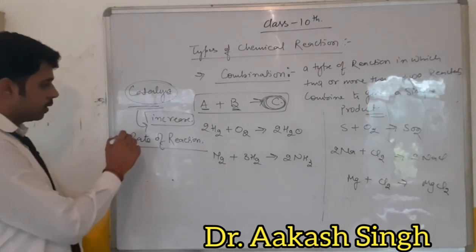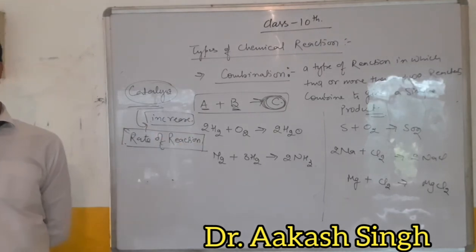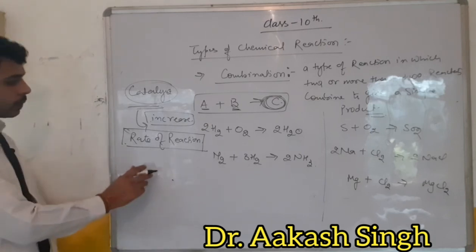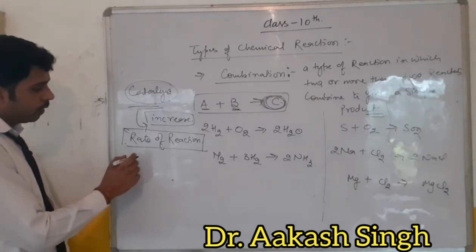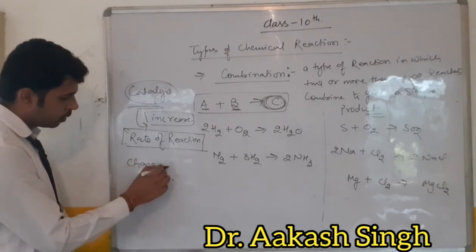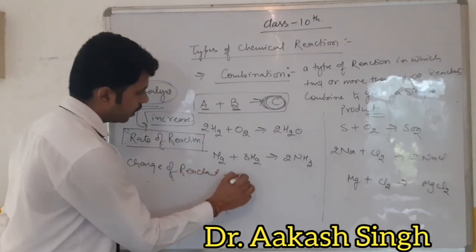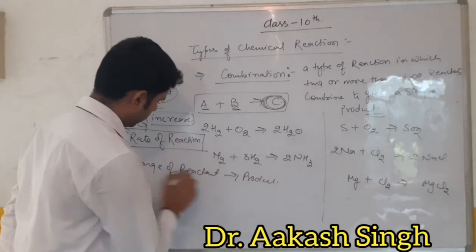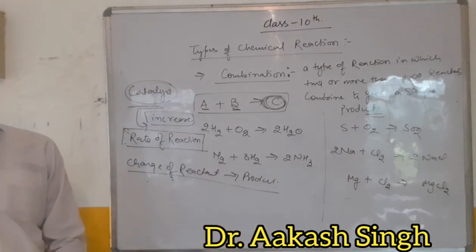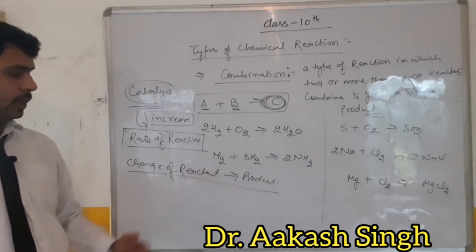This increase of rate of reaction means the change of reactant to the product. The rate of change of reactant molecules to form product molecules is known as rate of reaction.